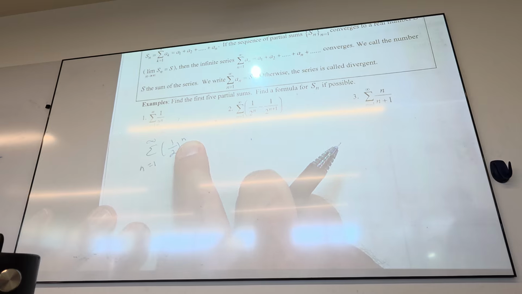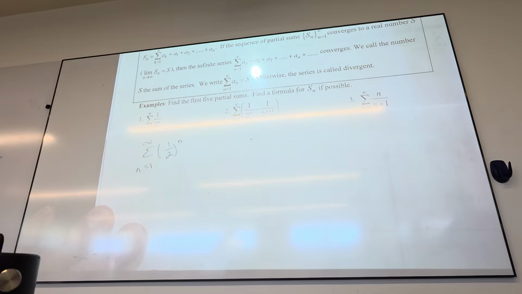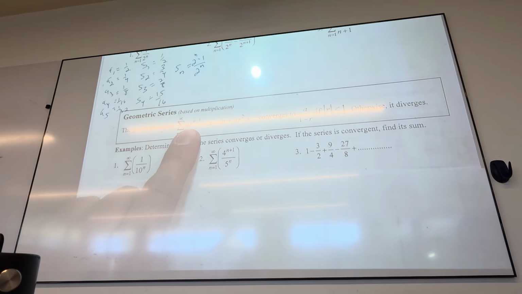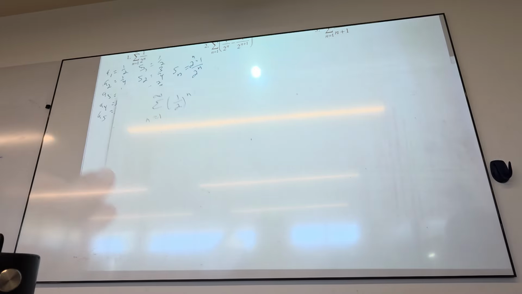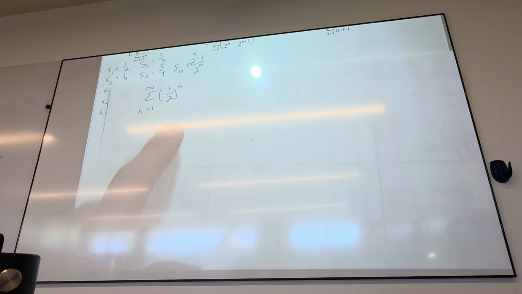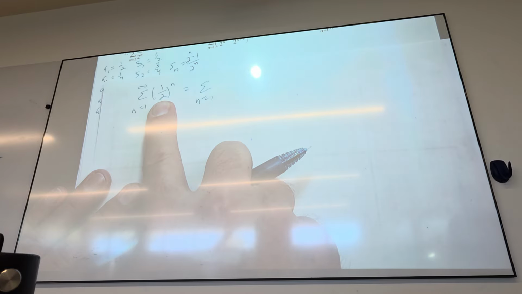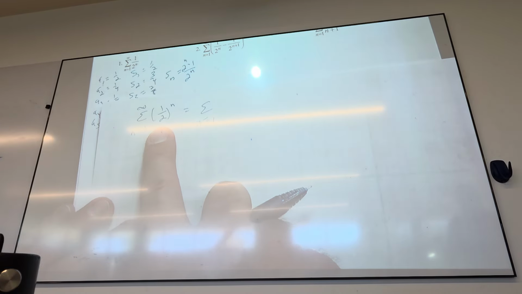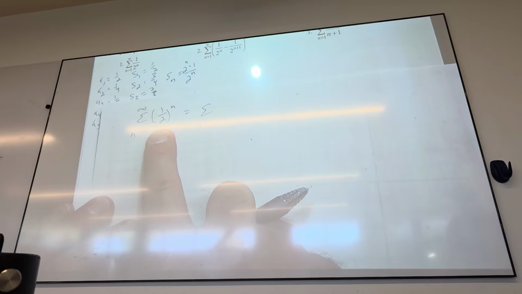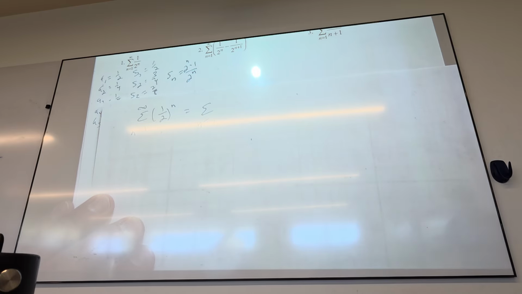You don't have to do what I'm about to do, but I want to show you. What's the general form for a geometric? And what do I have here? If I wanted to force it, can you already tell what R is? And do you already know what the first term is? So what I'm about to do is unnecessary, but I want to show you can do it if you want to.